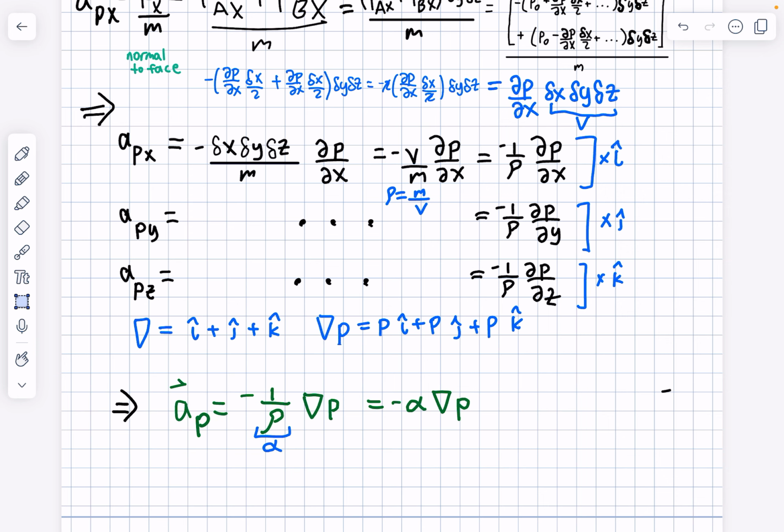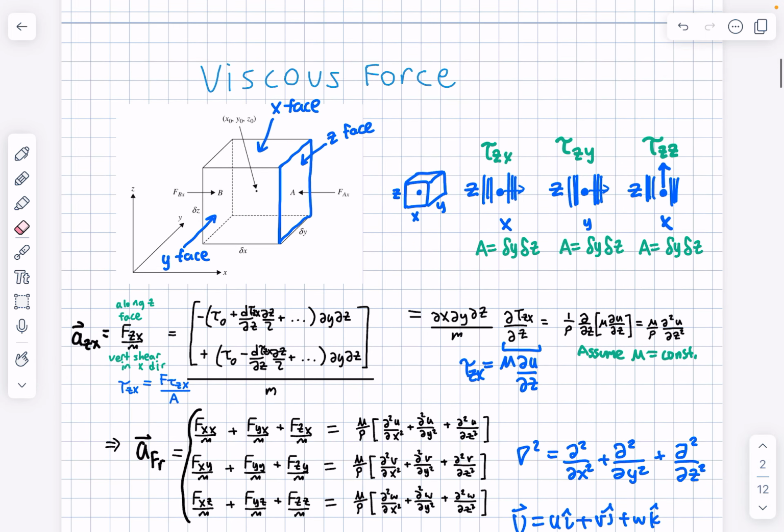Okay, now we move on to the frictional force, otherwise known as viscous force. This one is a bit more complicated, but in essence it's the same method. In this case we imagine the air rubbing against other air. So you can think of it like you have your point and there's some air on each side of it that's having some sort of effect.